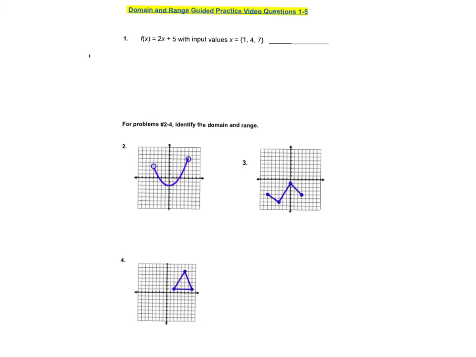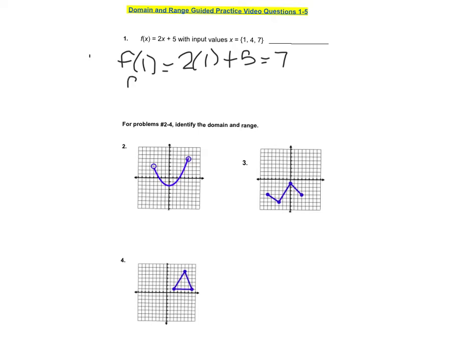Number 1, f of x equals 2x plus 5 with input values x equals 1, 4, and 7. So first, we're going to take f of 1, which would be 2 times 1 plus 5, which will equal 2 times 1 is 2 plus 5 will be 7.